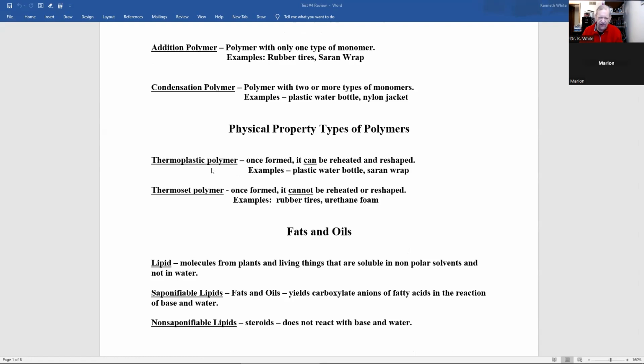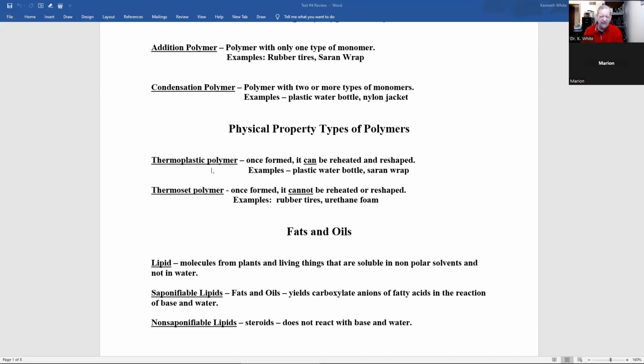Again, thermoplastic polymer, once formed, can be reheated and reshaped. Examples of that are a water bottle, my plastic one, and saran wrap. By the way, there's no correlation between addition and condensation and thermoplastic.